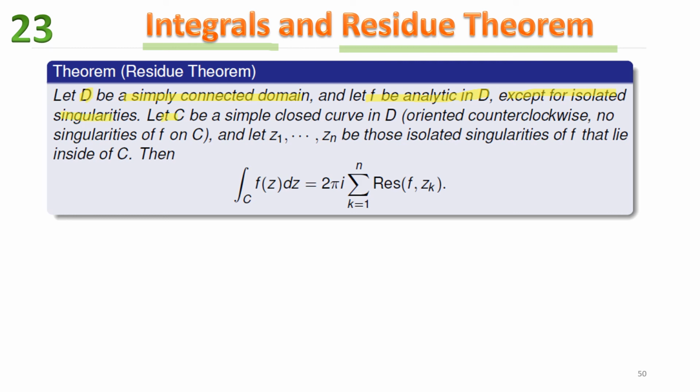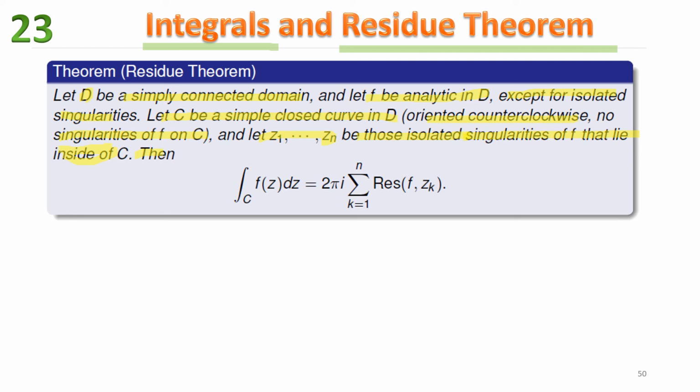Now, if C is a simple closed curve in D, which is oriented counterclockwise with no singularities of f on C, it should not be on C, and let z1, z2, z3 and so on up to zn be those isolated singularities of the function that lie inside C, not on C.